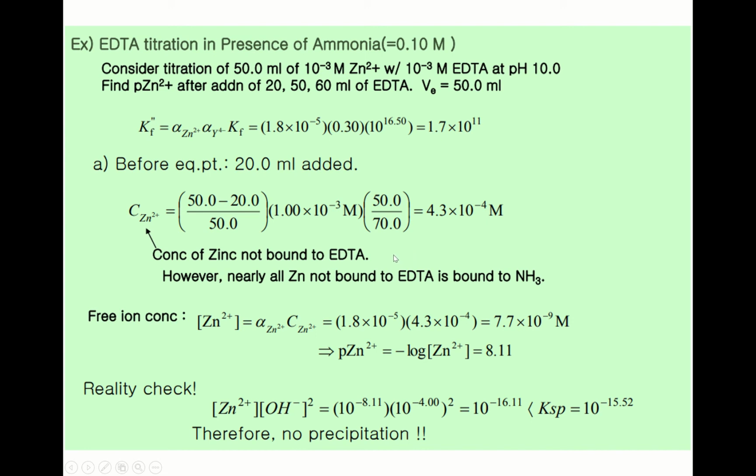However, nearly all zinc not bound to EDTA is bound to ammonia, right? You have to recognize that even before EDTA is added, all zinc ions are already complexed with ammonia, because the ammonia concentration is very high with respect to zinc ion concentration, which is only 1 millimolar, 100 times higher.